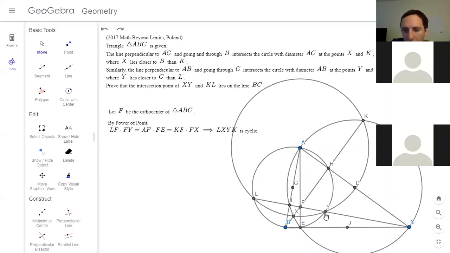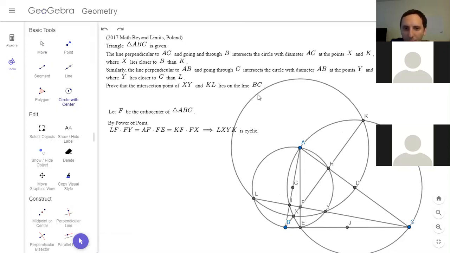So angle BYA is, so is A the center of the circle? I didn't even realize that. BL squared.